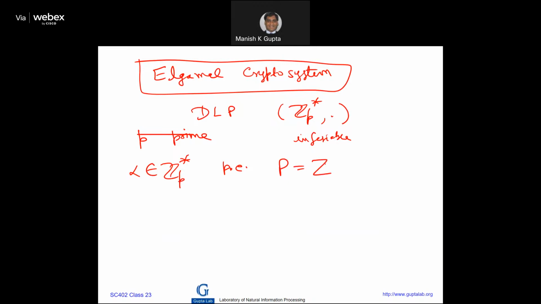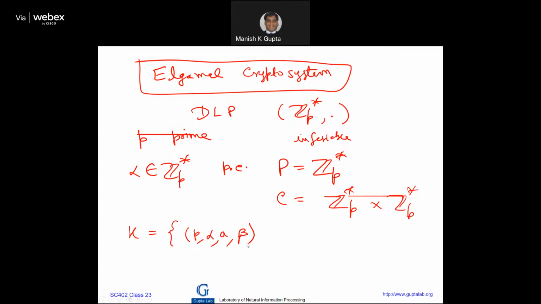Let the plain text space be Z_P star, and the cipher text space C be Z_P star cross Z_P star. Define the key K as (p, alpha, a, beta), such that beta is congruent to alpha raised to power a mod p.